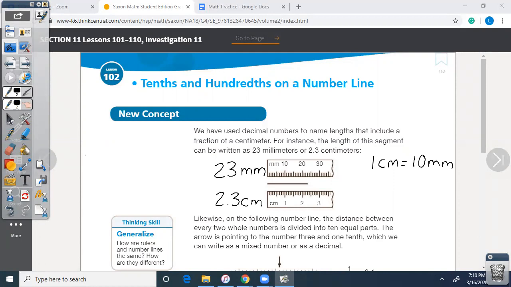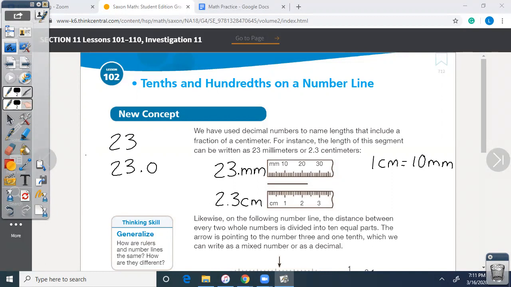So I want you to notice the similarities between these two numbers, 23 and 2.3. We have a fake decimal right there, really. At the end of any number, there can be a decimal, because 23 is the same thing as 23.0, right? So we have our decimal right here.